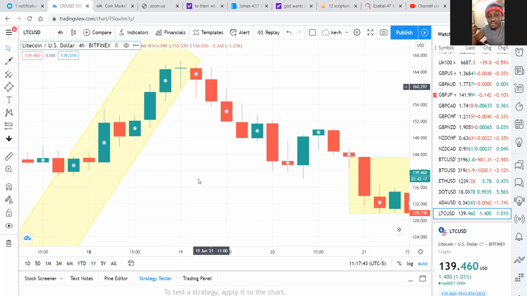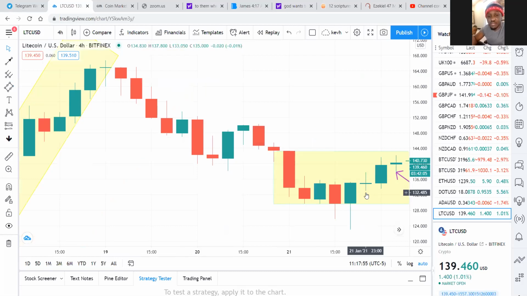So a doji occurs at the top of an uptrend.